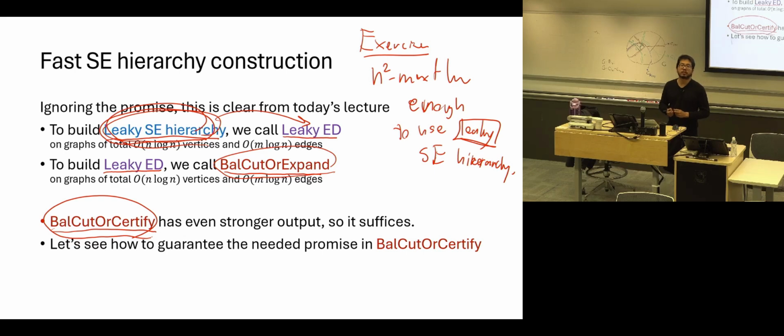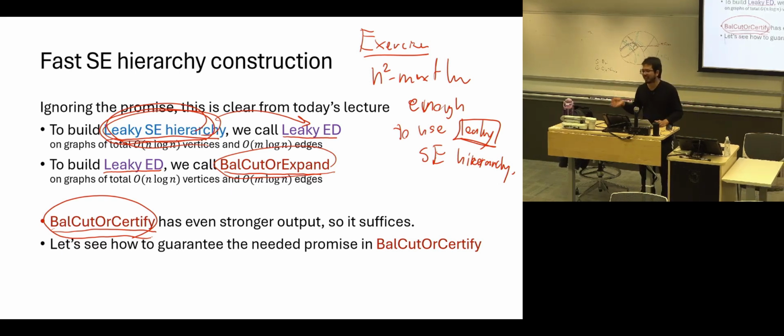Right now, there are other applications like shortcuts, but I didn't teach it. So far, the leaky version is useful for flow algorithms and for building shortcuts, those kinds of things. Diameter reducing shortcuts, you can have a look.